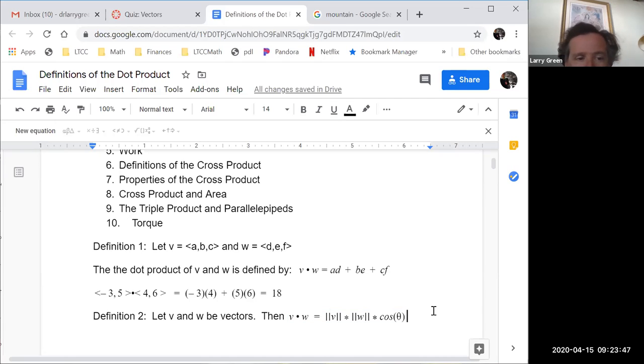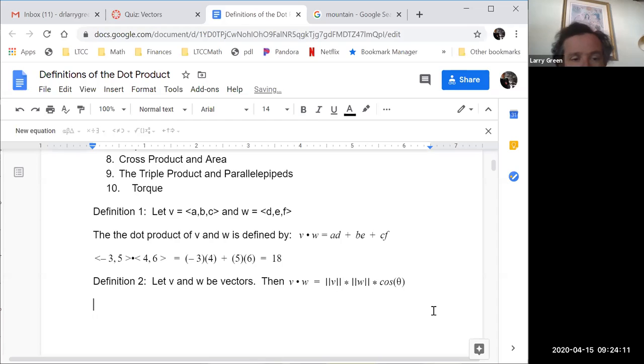Now that's another definition of a dot product. And because we only have so much time, I'm not going to prove that this actually works, that you get the same answer no matter which way. But you can believe me, or you can write it out and do it yourself, which is even better. Any questions on this idea?